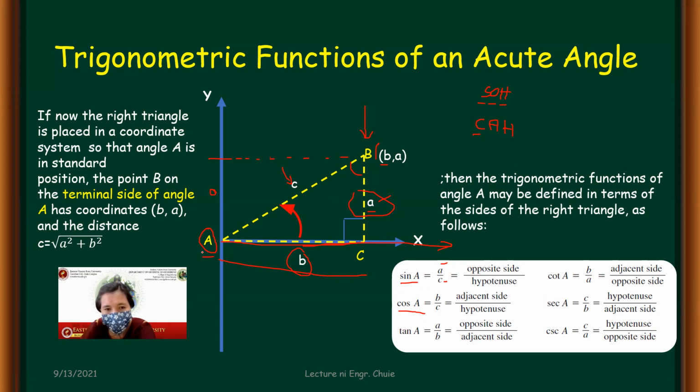Now, if we look at the angle A, what is the adjacent side of angle A? What do you think is the side opposite to angle A? Opposite is A. How about the adjacent? What is the line adjacent to A? You can write it in the chat box.